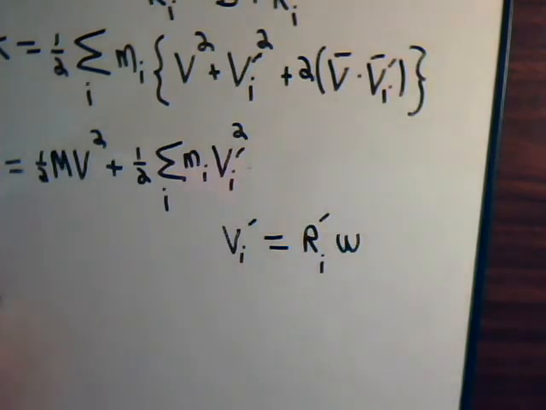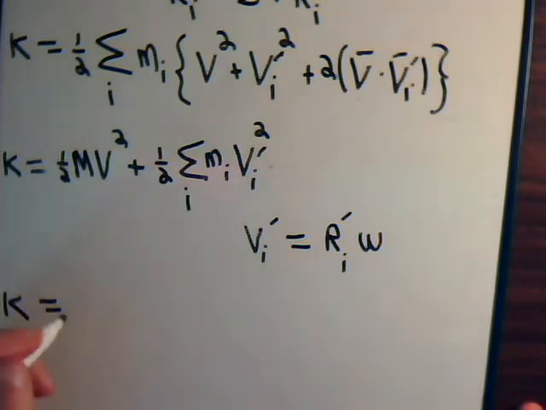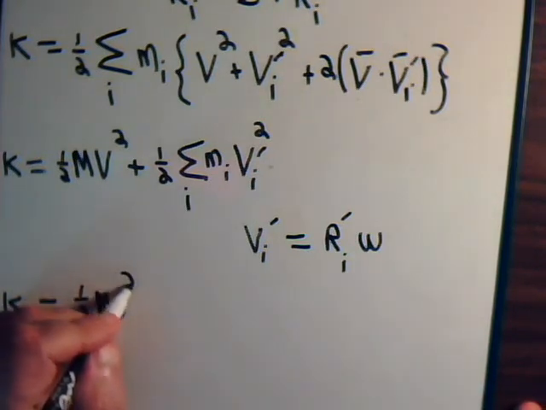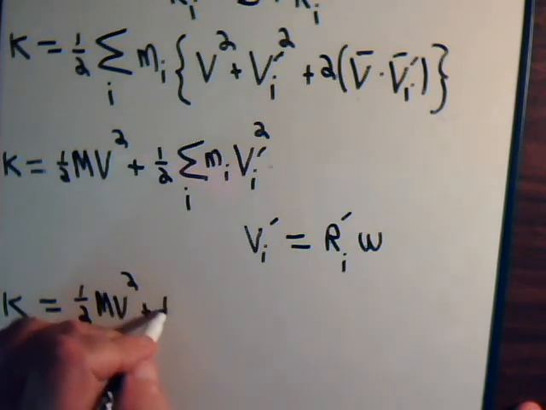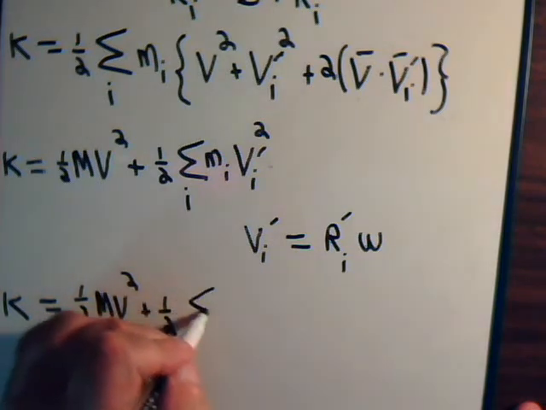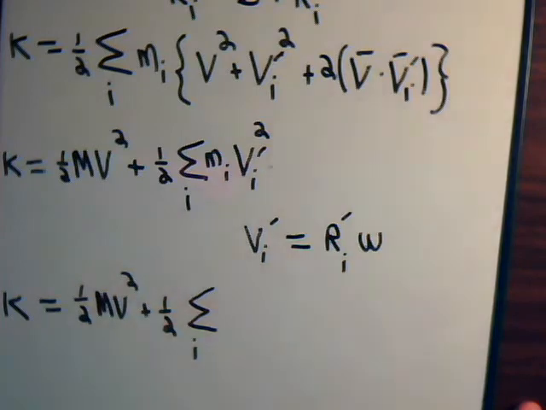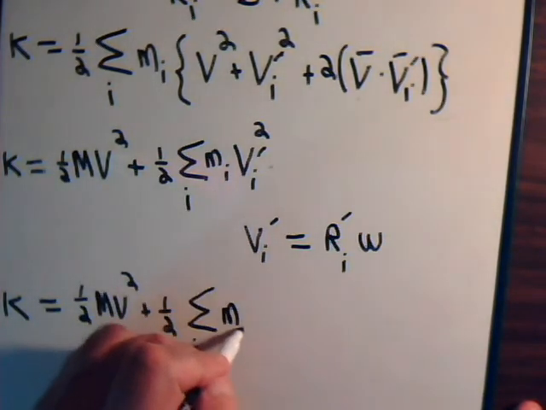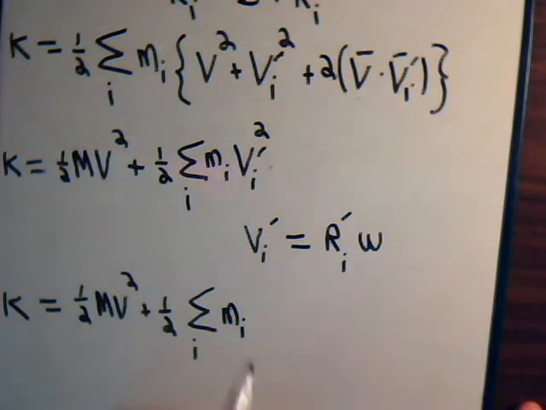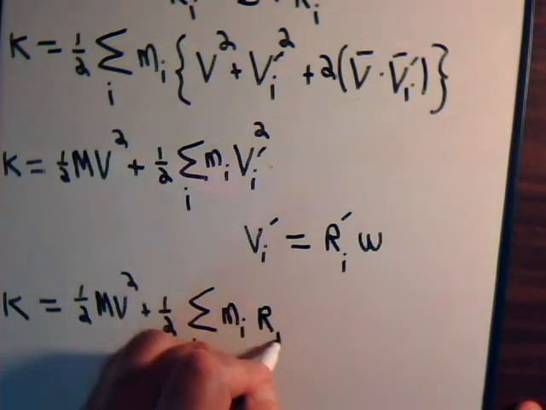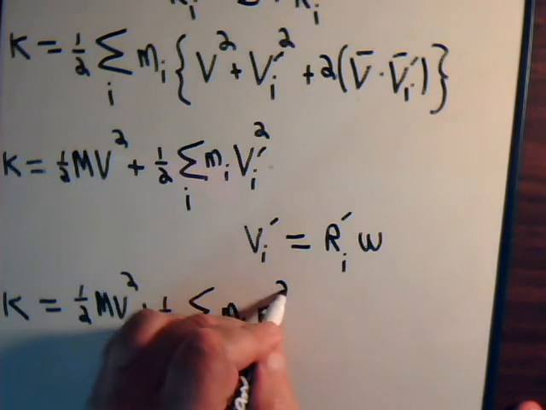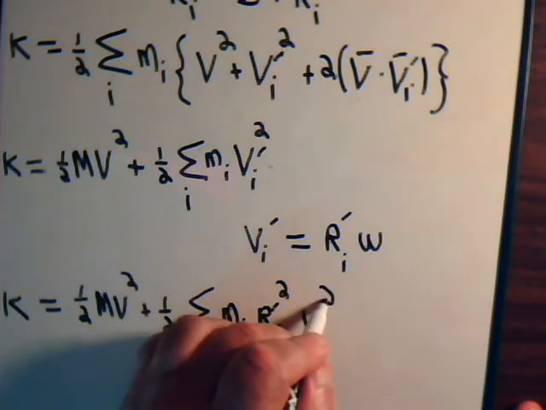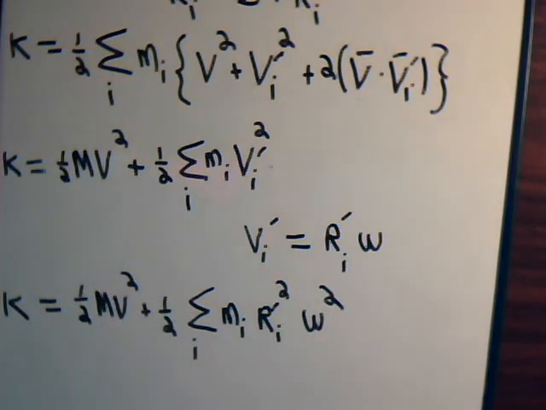we would have kinetic energy equals 1/2 mv squared plus 1/2 sum over i mi, then we would have ri prime squared omega squared.